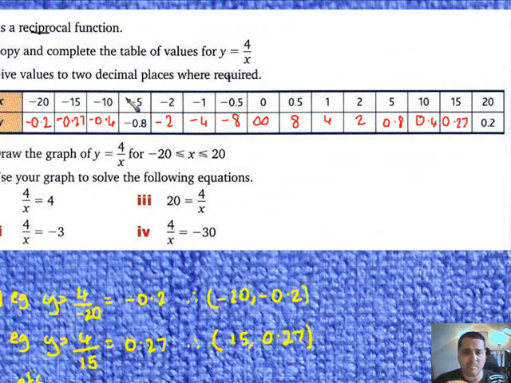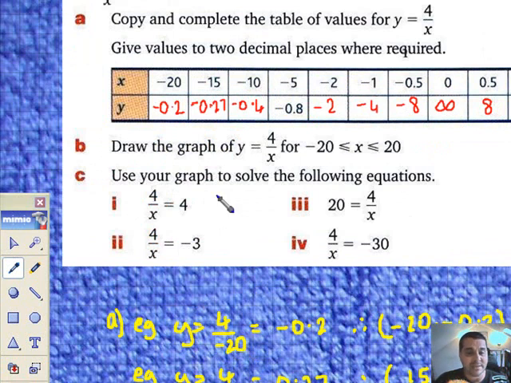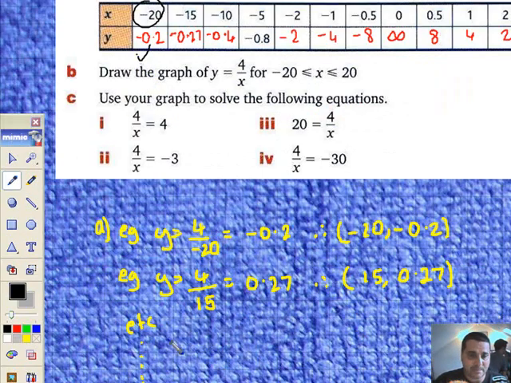Well, they're giving me from minus 20 all the way up to 20, going up in whatever spaces they say there. And as an example, I said y equals 4 over minus 20. I'm using the minus 20 as the first example there. So 4 divided by minus 20, I've got minus 0.2. So I've created the points minus 20, minus 0.2. That's that one.